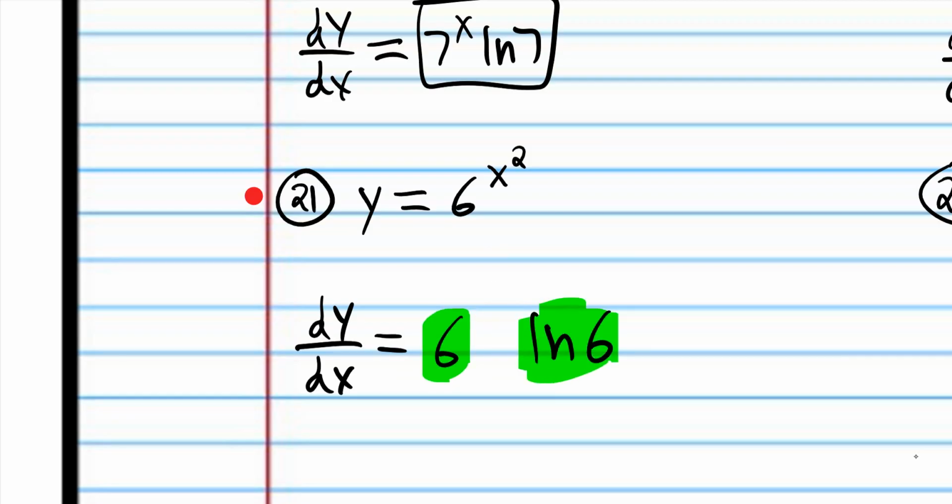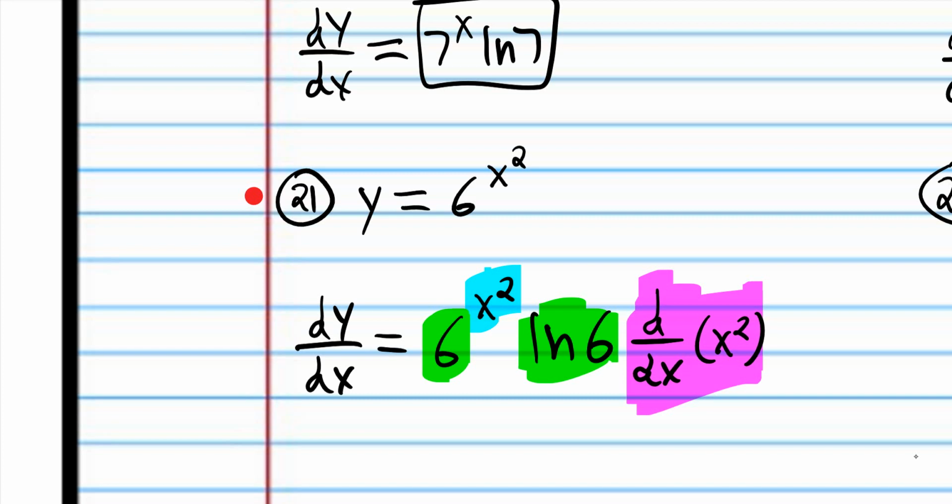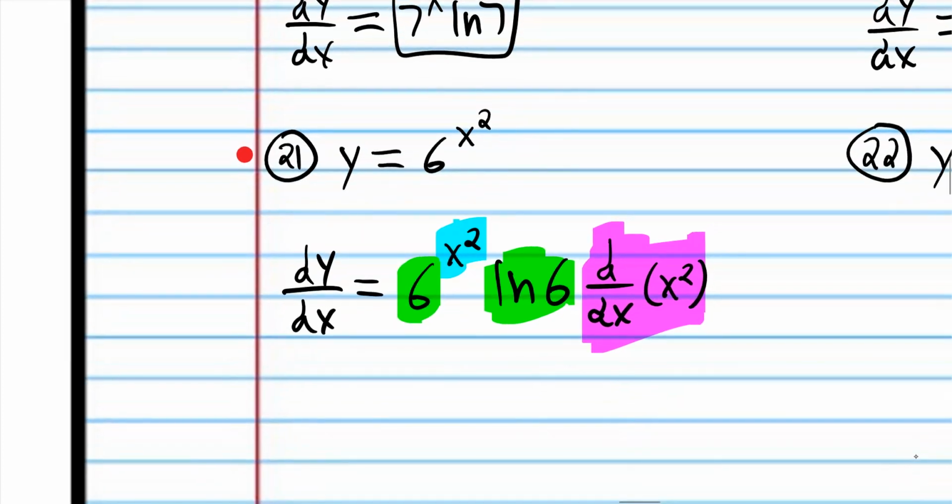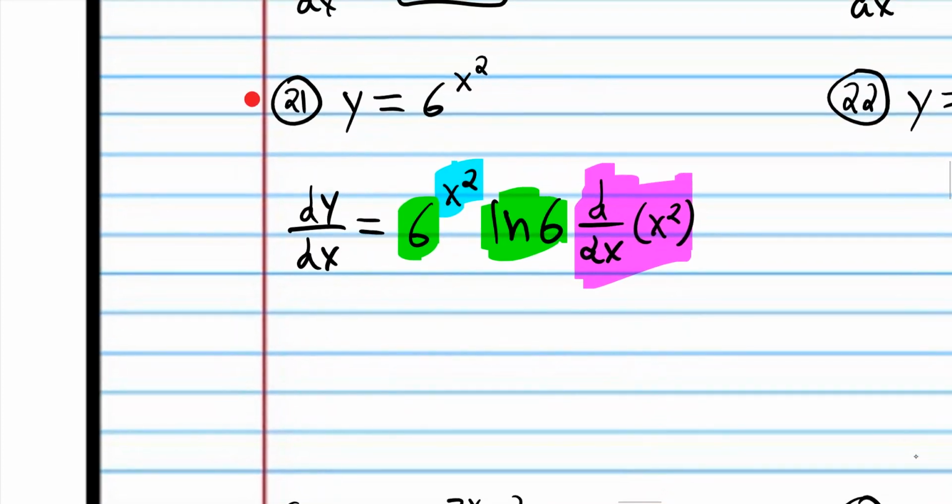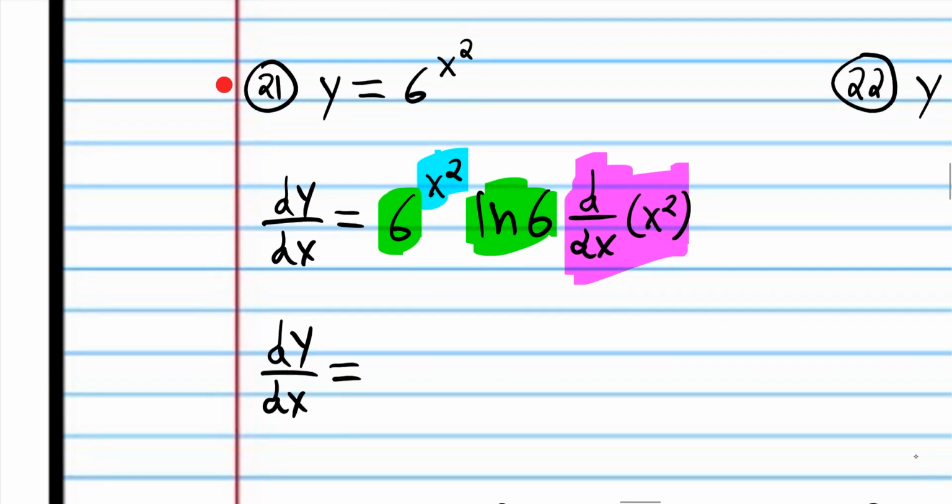But remember, step 2 is to keep the inside function. And then step 3 is to multiply by the derivative of the inside function. So it's a little confusing, but it's really just the same thing that we did when finding the derivative of composite functions in the past.